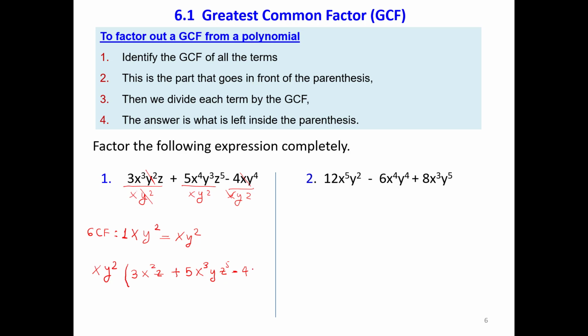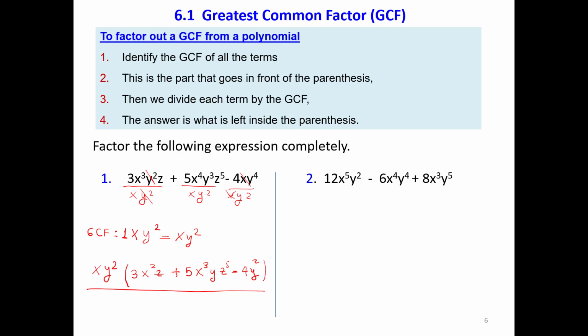But y: 4 minus 2 is 2. And this is the factorization of the trinomial.